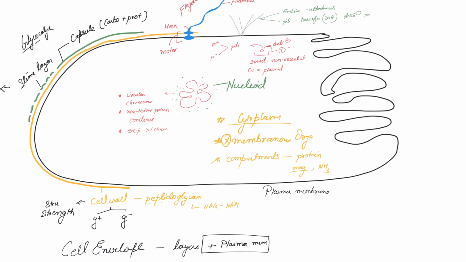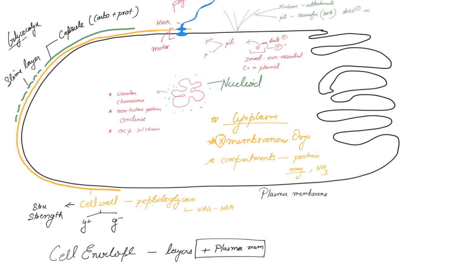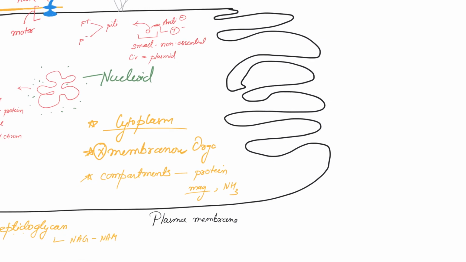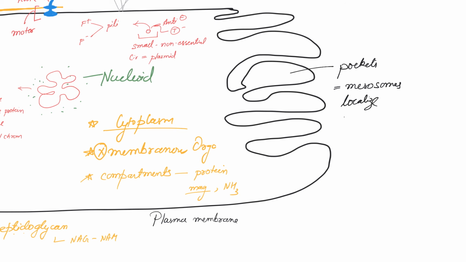Now, obviously they need more compartmentalization because they're very efficient, right? So as you can see in here, the plasma membrane folds inwards to form these pockets. Sometimes you might get a name for these pockets called mesosomes. So these pockets essentially localize a lot of enzymes which help in carrying out several reactions.